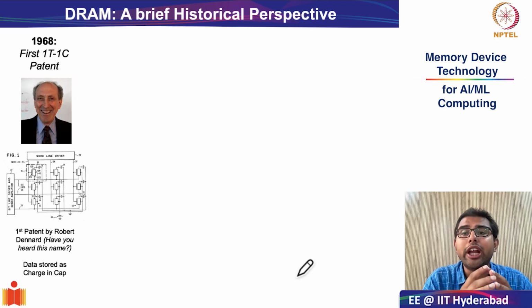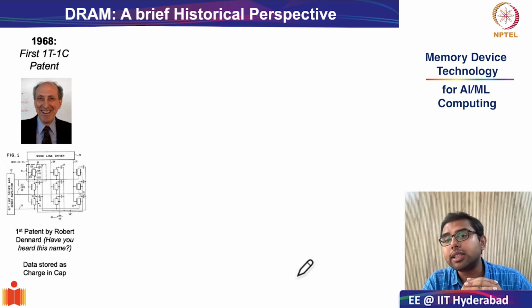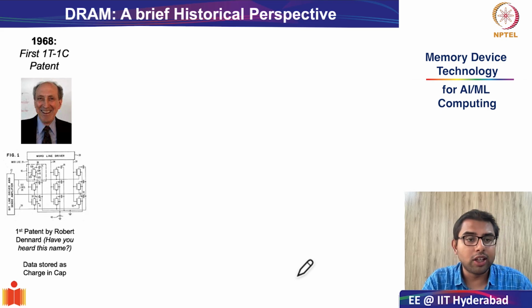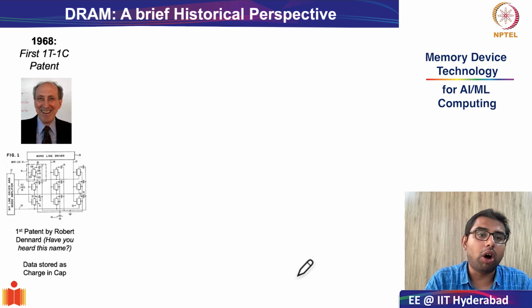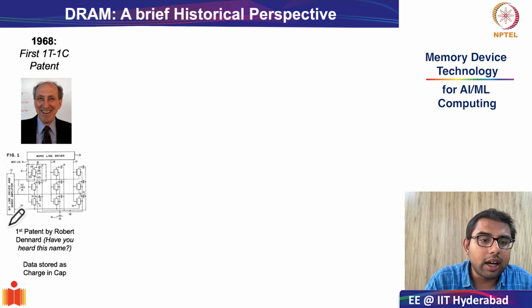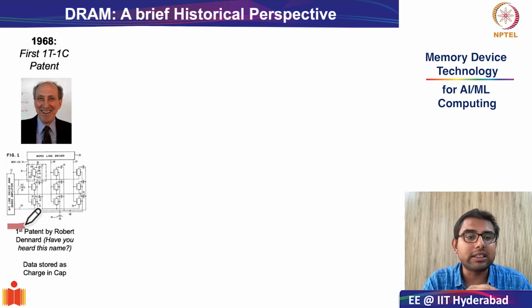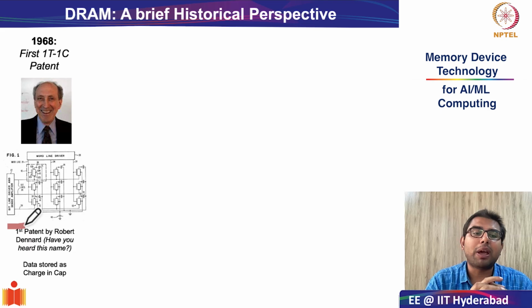And before we go into more technical details, let us look at a very brief but interesting historical perspective of how the DRAM technology came about. The first patent of the 1T 1C DRAM cell, I have given the layout of the patent from 1968, was filed by IBM by this very famous scientist called Robert Dennard.